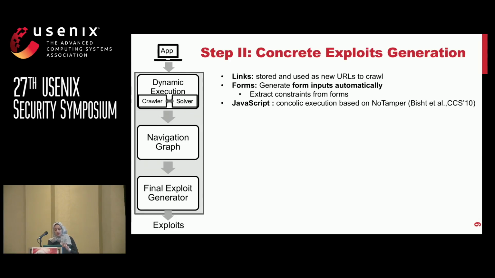For that, we use a crawler that crawls the application and extracts links and forms. For all extracted links, we use those links as seeds for the next URLs to crawl. For forms, we should have support for input generation for those forms.